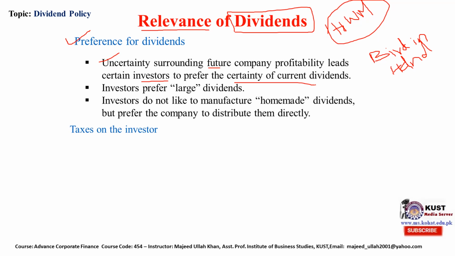So investors prefer a large dividend rather than no dividend. Investors do not like manufactured or homemade dividends but prefer the company to distribute them directly. These are some points given in the figure of relevance of dividend.